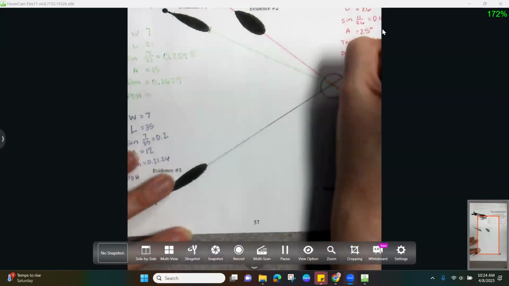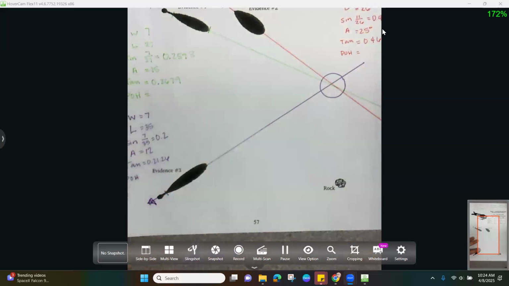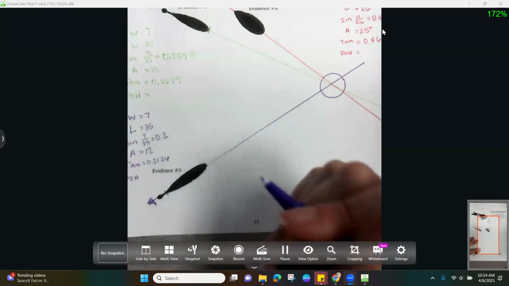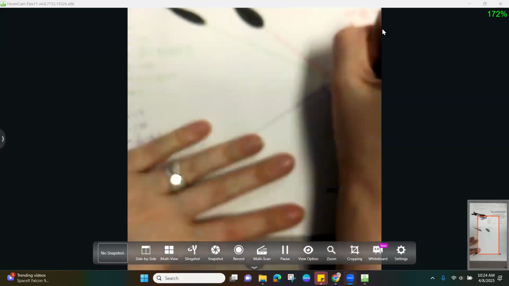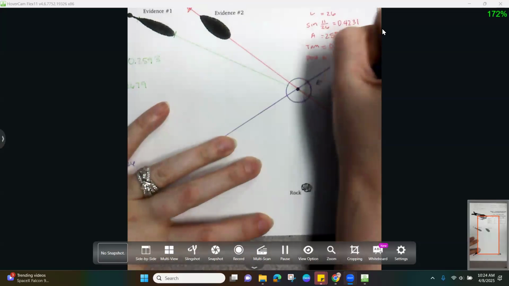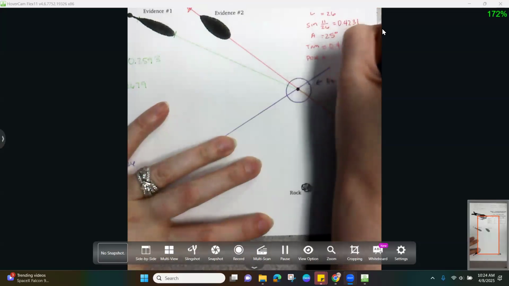And we now have a general area where all those blood drops came from. And we're going to pick the spot where they 3 intersect. And that's going to be our point of convergence, which we will then use to find our distance to point of convergence. So this is our point of convergence.